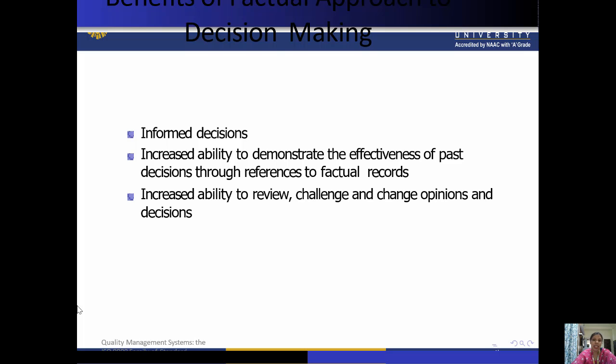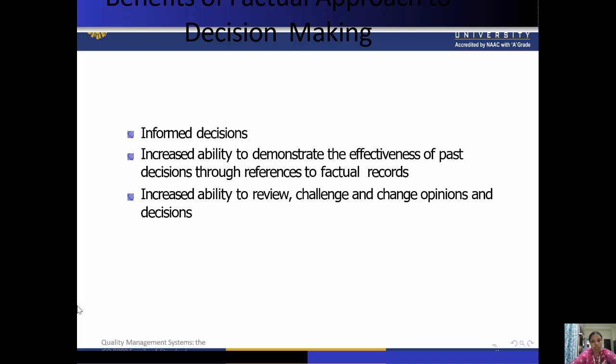The second one is increased ability to demonstrate the effectiveness of past decisions through references to factual records.